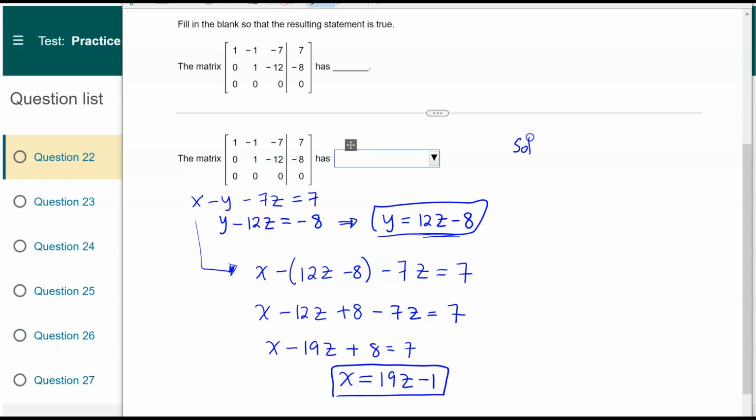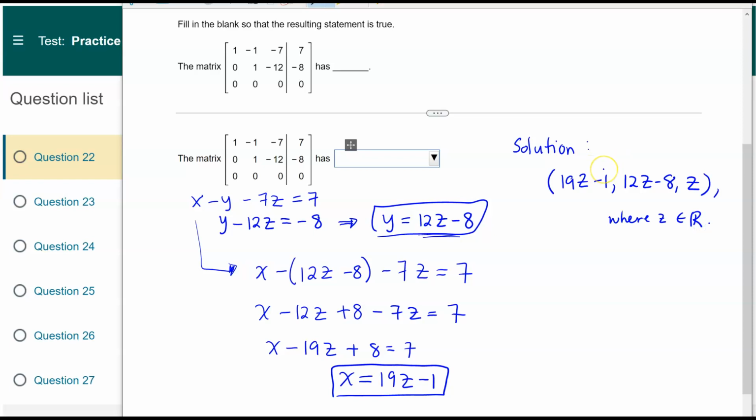So the solution, which is infinitely many, is the ordered triple where x is 19z minus 1, and then your y will be 12z minus 8, and then z is just z, where z is any real number.